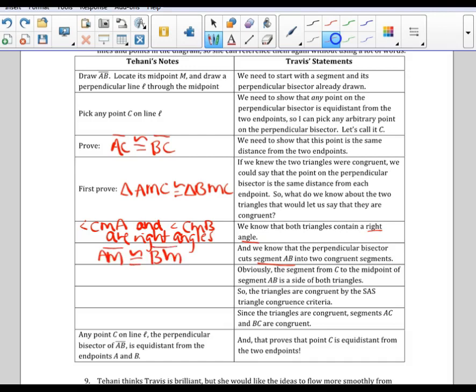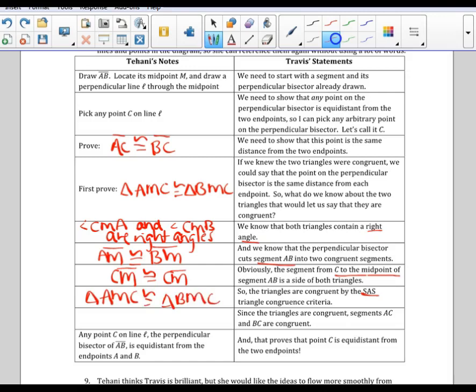So we're trying to figure out the statement for each reason. So the next statement was that the segment from C to the midpoint of segment AB is the side of both triangles. So we can say that CM is congruent to itself. And then which triangles are congruent by SAS? That would be triangle AMC would be congruent to triangle BMC.